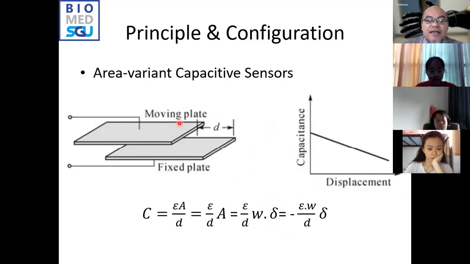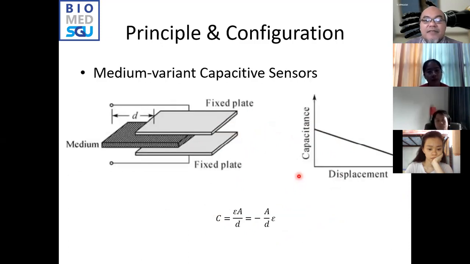Then when we change the area, it will be linear with a negative gradient, okay, because as we derive here, when we displace one of the plates relative to the other, it will have this linear change of the capacitance. Similarly, when the epsilon is changed, for example, by the movement of the dielectric medium between the two electrodes, then it will also change the capacitance linearly with negative gradient.